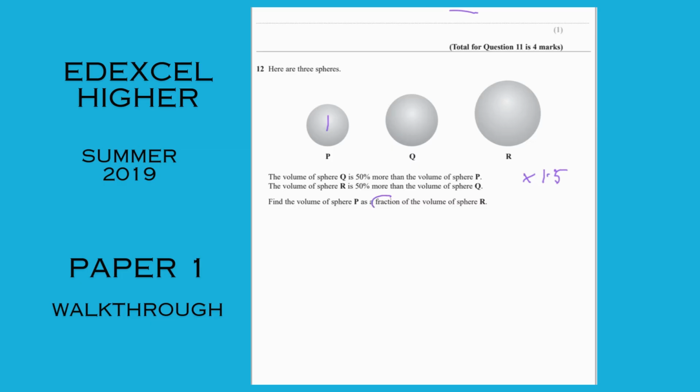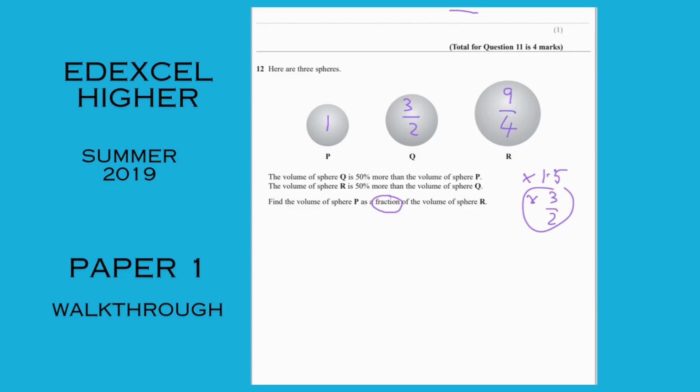But because it wants fractions, I'm going to work in fractions. So 1 multiplied by 3 over 2 is 3 over 2. And 3 over 2 multiplied by 3 over 2 again is 9 over 4.